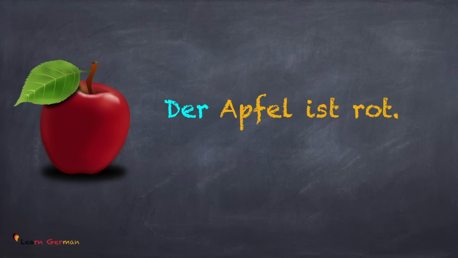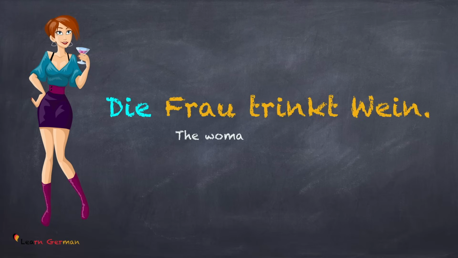Similarly, the next sentence, der Apfel ist rot. Apfel is my nominative subject, which is a noun, and the article is der. The article der is masculine.